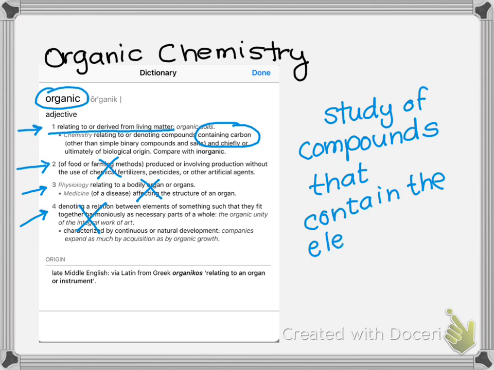Now, it may seem unusual that an entire classification of chemistry would be centered around this one element, carbon. But there are so many molecules, millions in fact, are known that involve carbon, far more than any inorganic compounds that we've thought about in the first chapters of this book.